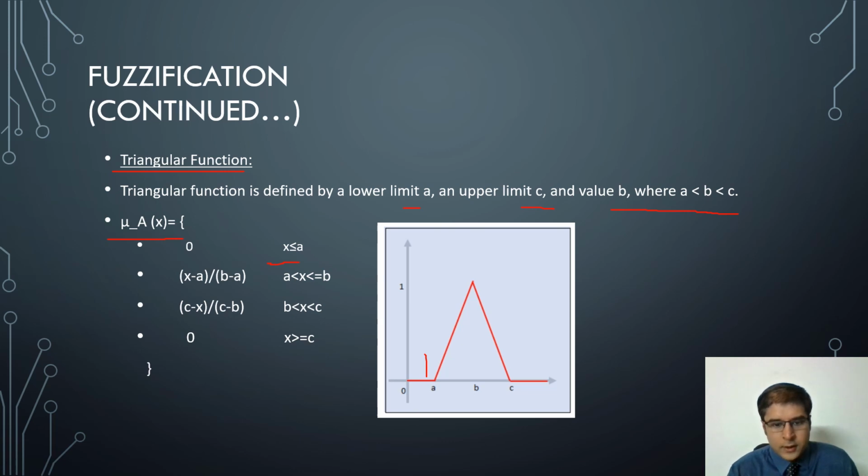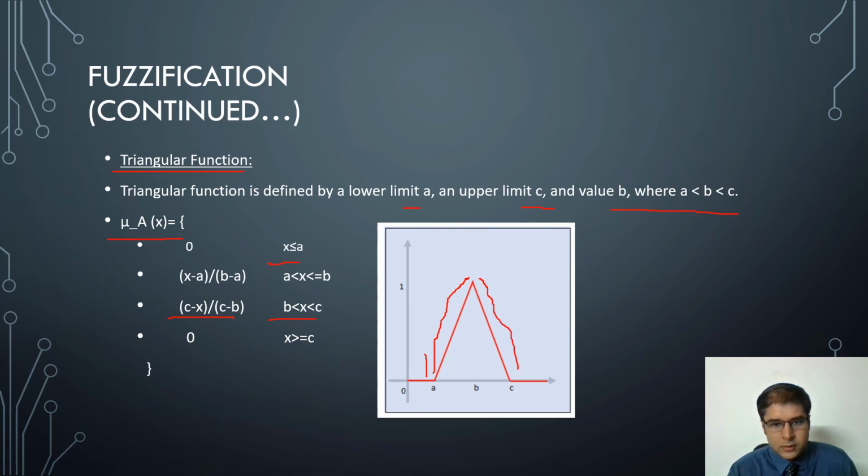This is the case where x lies between a and b, which is defined as a slope. Similarly, the opposite slope: if x lies between b and c, it becomes (c minus x) by (c minus b), which is this line here.